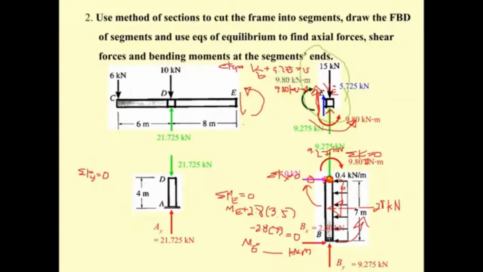So we have 9.8, and this is 5.725, and that is 9.8 kilonewton meter. And then up until here, you have the reaction here, you have the internal force here. So now you are ready to draw the shear diagram and moment diagram of every member.